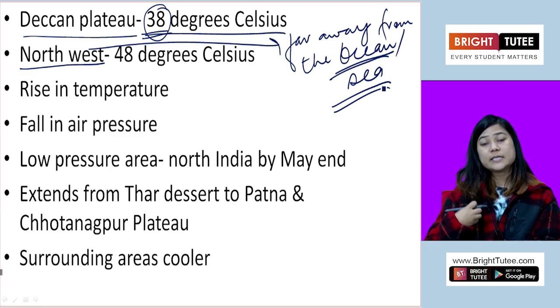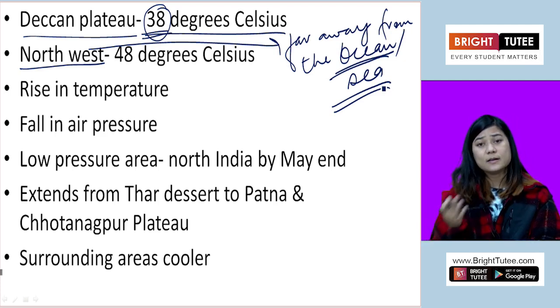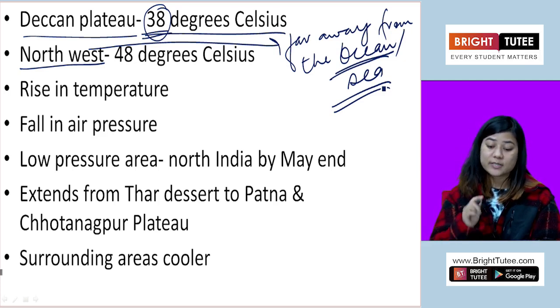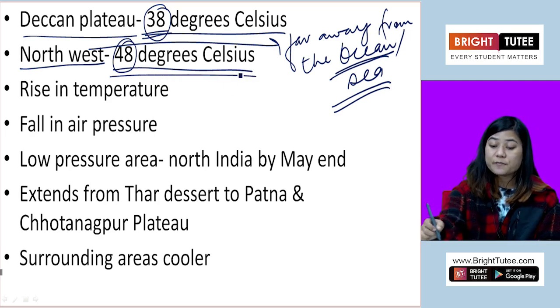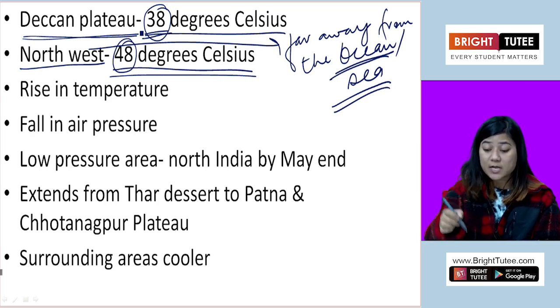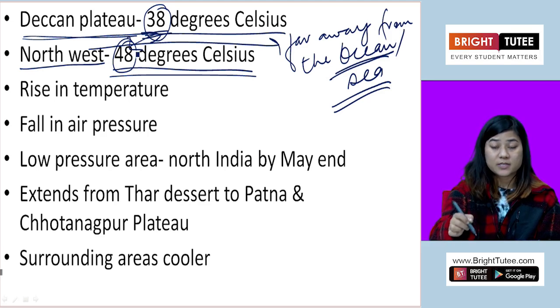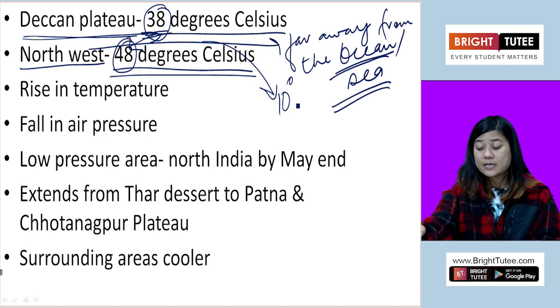So the moderating effect of the ocean will be very little, minimum compared to the Deccan Plateau. That is why during the summer, the temperature that it records is 48 degrees Celsius. Look at the difference between the temperature recorded at the Deccan Plateau and the northwestern part of India. They are different, and the difference between them is 10 degrees Celsius. Alright.